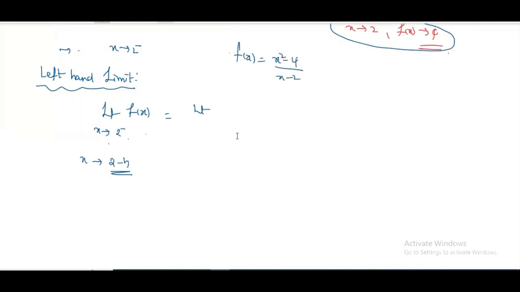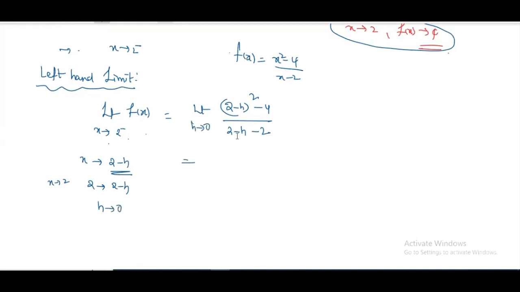Substituting x as 2 minus h, it becomes ((2 minus h) whole square minus 4) by ((2 minus h) minus 2). Now it is completely converted into h, right? When x approaches 2, that means 2 minus h approaches 2, so h approaches 0.